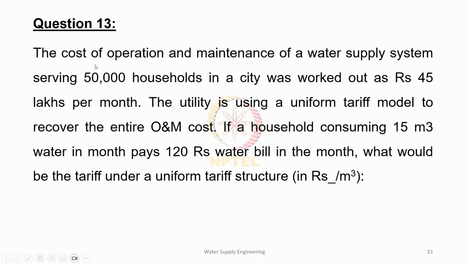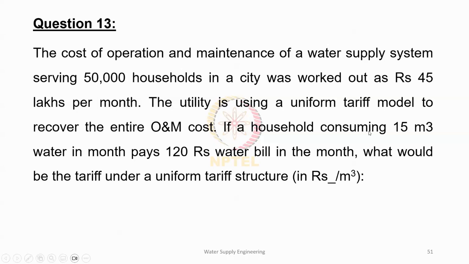Next question. Cost of operation and maintenance of a water supply system serving 50,000 households in a city was worked out as rupees 45 lakhs per month. The utility is using a uniform tariff model to recover the entire operation and maintenance cost.